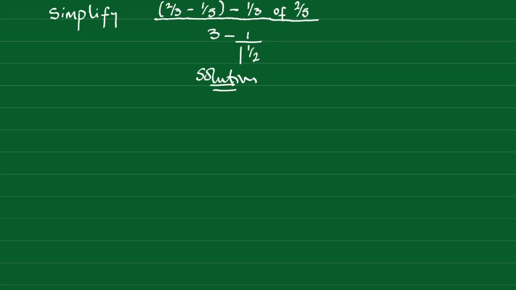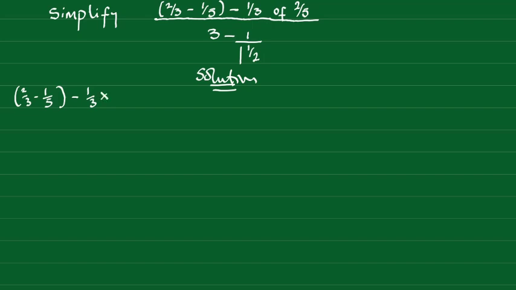Next, we have to take note of the fact that in solving this, we convert the mixed fraction at our denominator to an improper fraction. Then from there, we apply the principles of BODMAS accordingly. Now, we copy out our expression: (2/3 minus 1/5) minus 1/3 of 2/5.